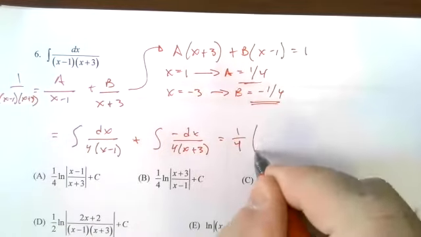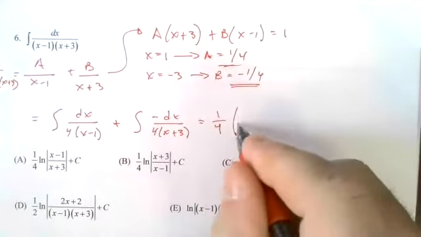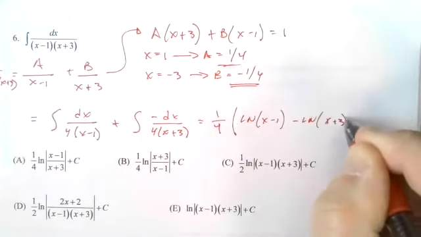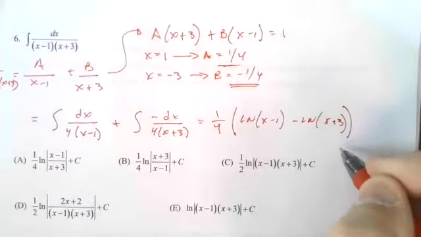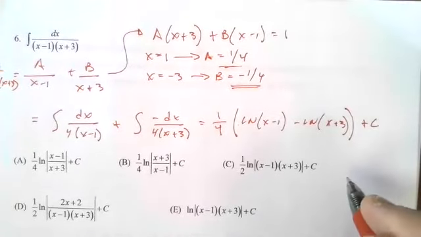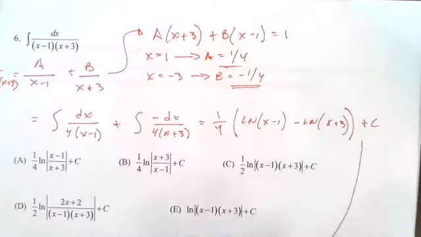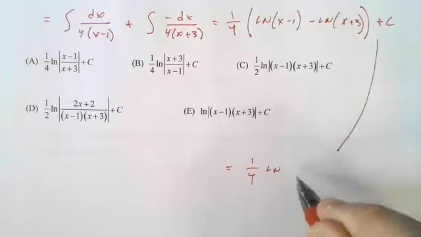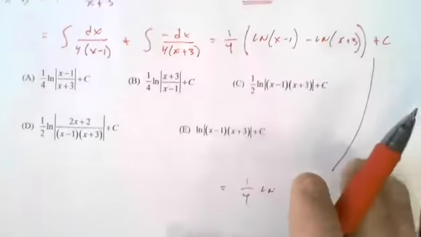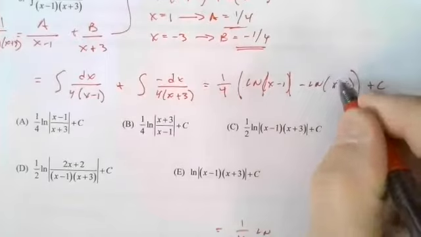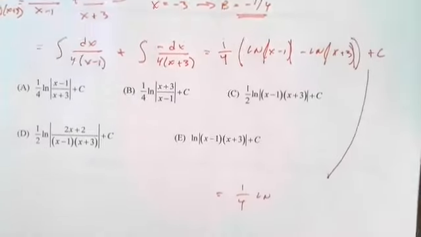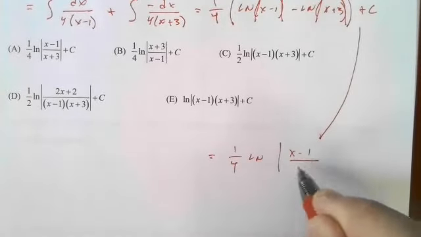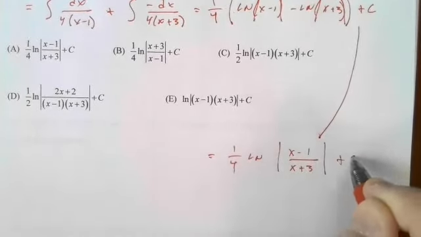I'm going to factor that out. ln of x minus 1, minus ln of x plus 3, plus c, equals 1/4 ln of, oh, by the way, these should be absolute values. Apologies for that. ln of x minus 1 over x plus 3, plus c.